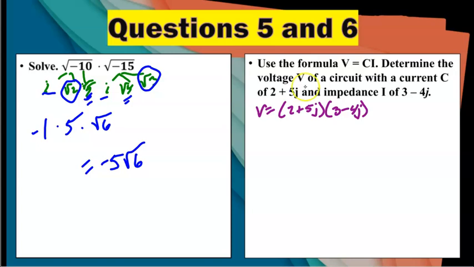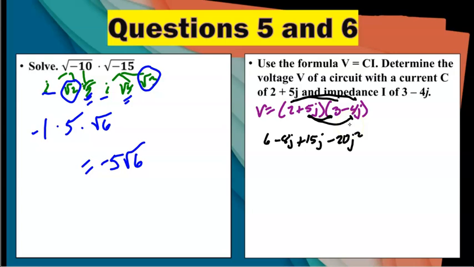Now to solve this one, we're going to FOIL it. So we have 2 times 3, which is 6. 2 times negative 4j is negative 8j. 5j times 3 is a positive 15j. And 5j times negative 4j is a negative 20j squared.